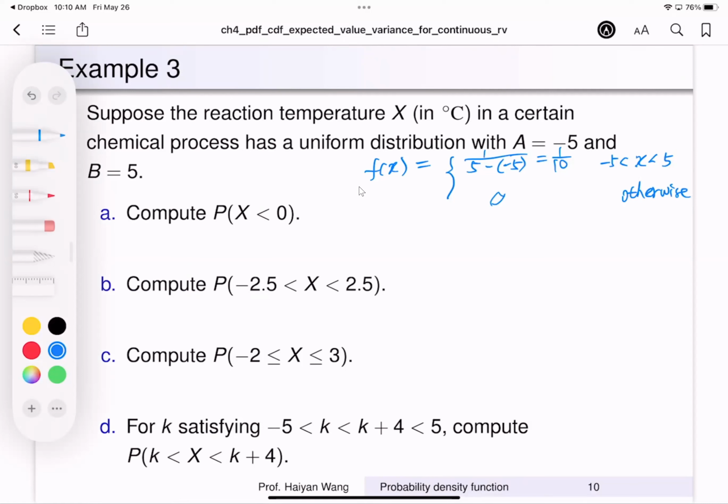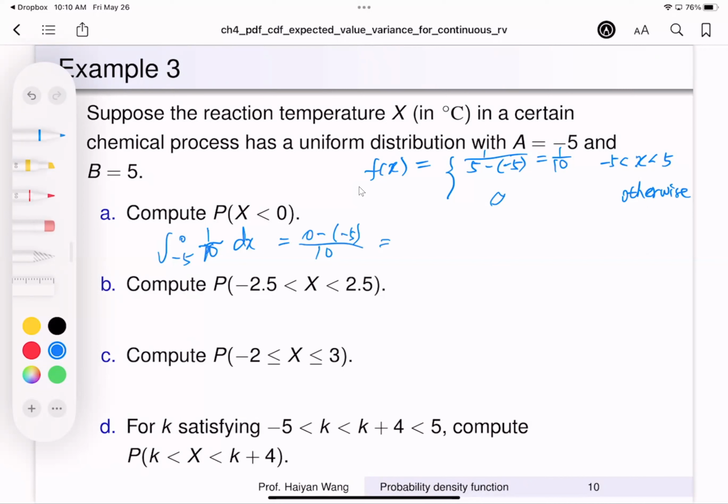Okay, so that's the density function, and then the probability of x less than 0 would be simply the integration from -5 to 0 of 1 over 10 dx. The final result would be 0 minus -5, divided by 10.